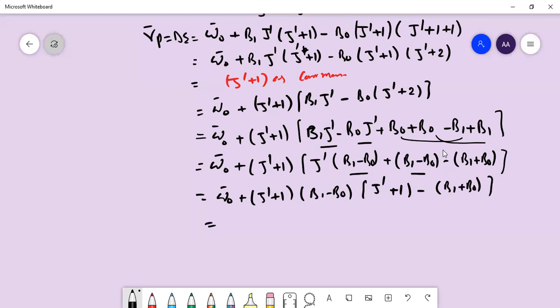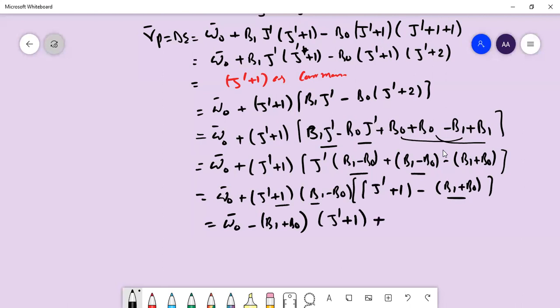Let me again multiply this term with these two terms. So it will result in omega naught bar. First, I will multiply the second term with this, so it will be minus B1 plus B naught times J dash plus 1.